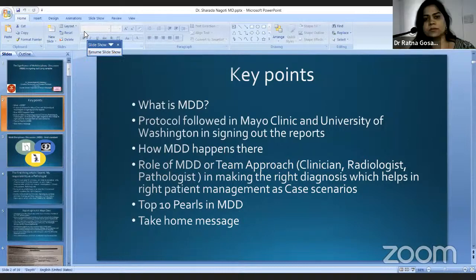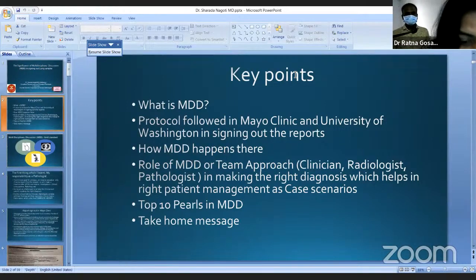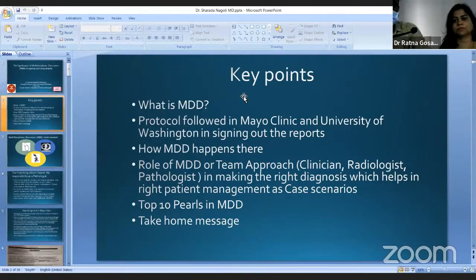Let it be others. Keep it in the slideshow mode. If you keep it in the slideshow mode, then this will not disappear. It will remain there.